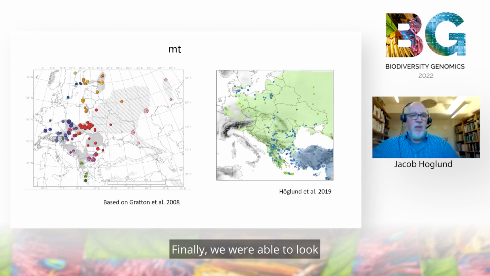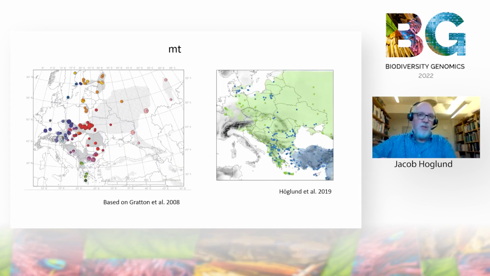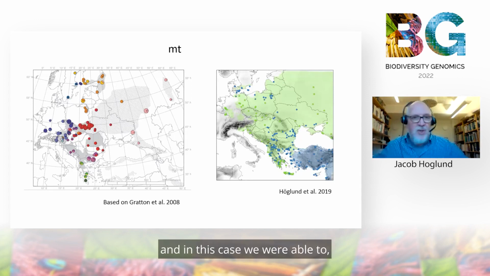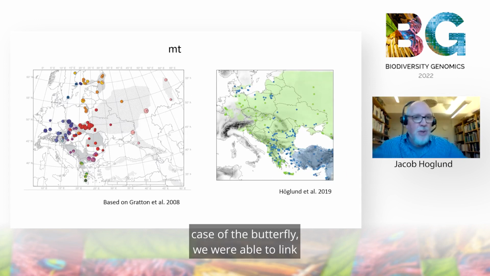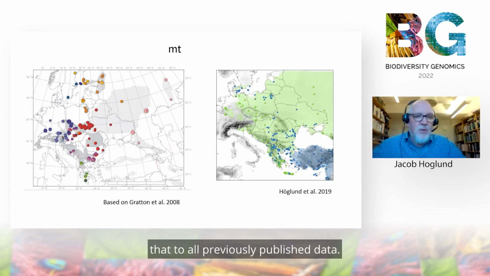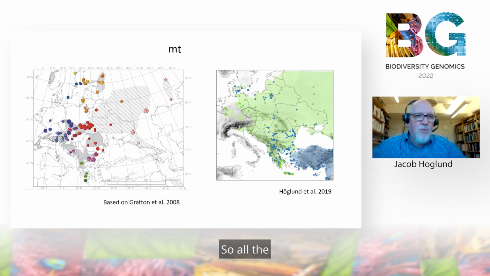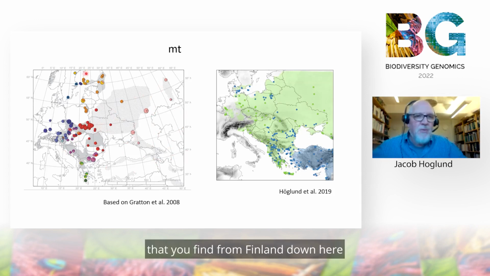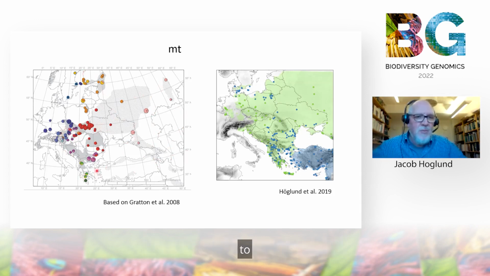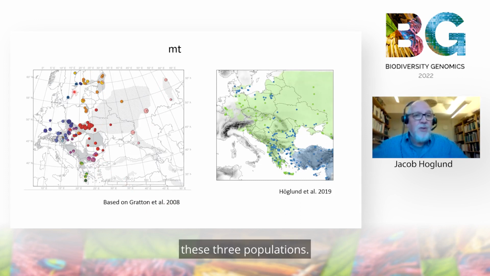Finally, we were able to look at the mitogenome of these two species. In the case of the butterfly, we were able to link that to old previously published data. All these populations that you find from Finland down to Europe are from a study published in 2008, and we have added these three populations.